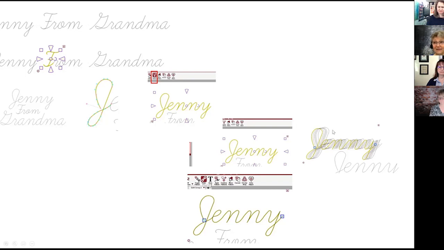Like I said, 7. And then I will use the blue handles and snap them all together so they're all on top of one another. And then I click off and I click back on, so I only have one pattern selected.